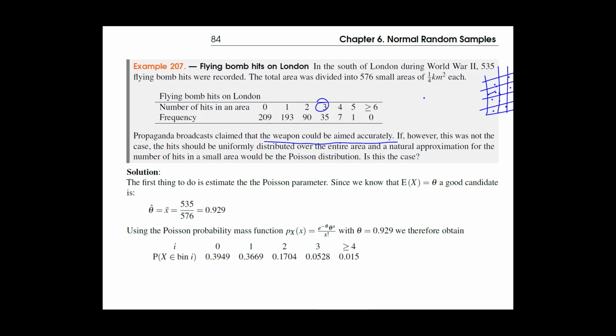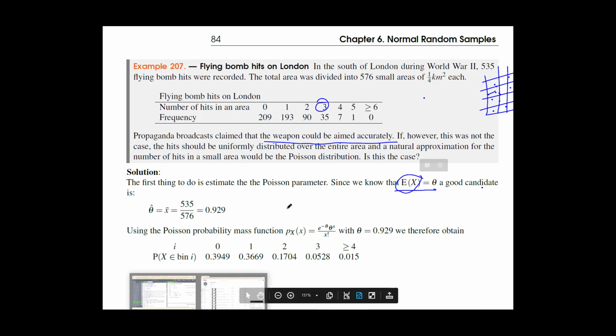Okay, the Poisson distribution has only one parameter, which is the expected value. So we can estimate it from the data, because for the Poisson distribution the expected value is the parameter. A good estimate for the parameter is the mean, because the mean and the expected value are kind of synonyms.